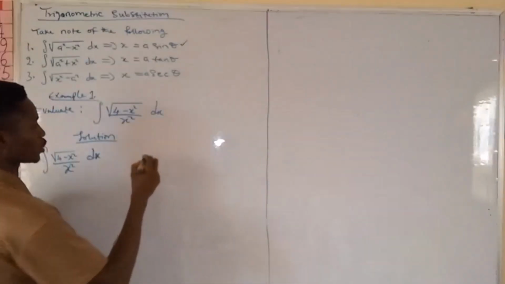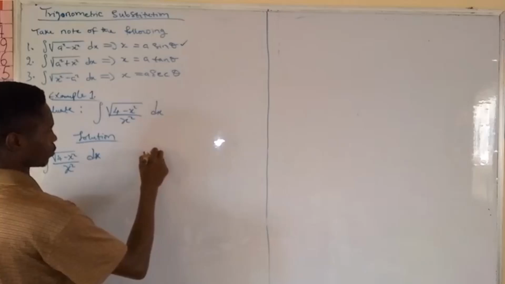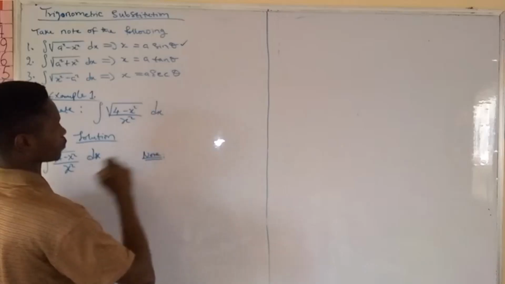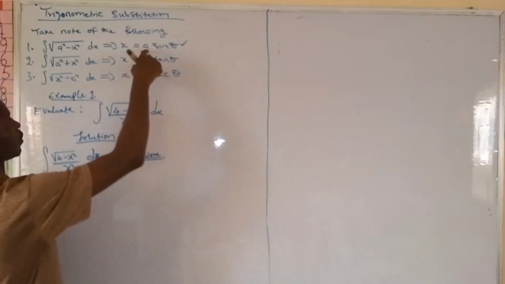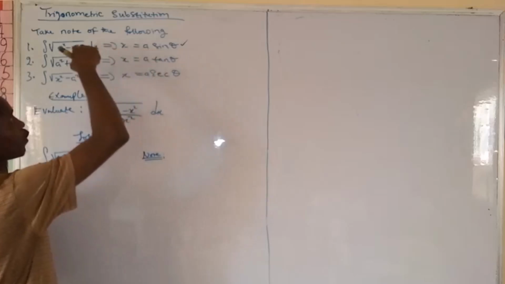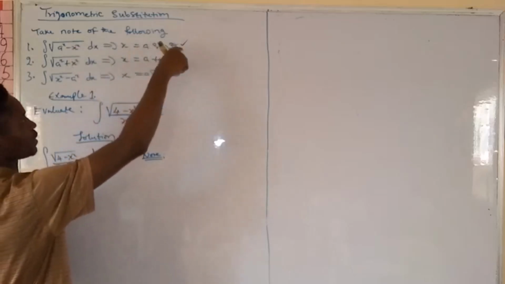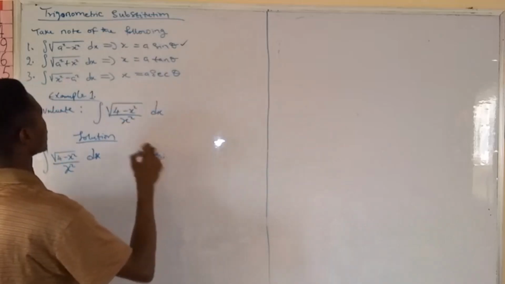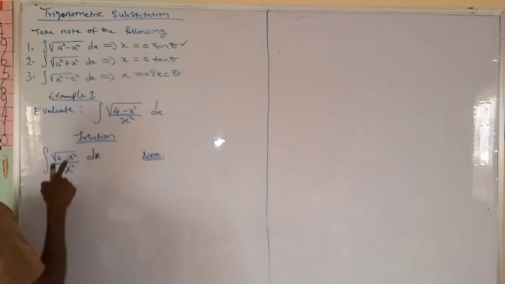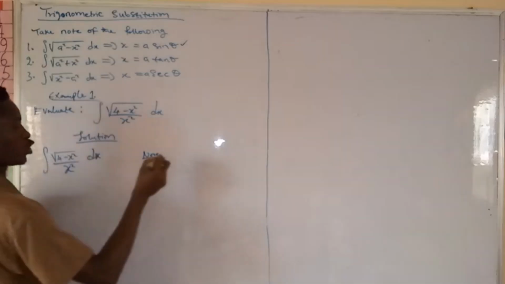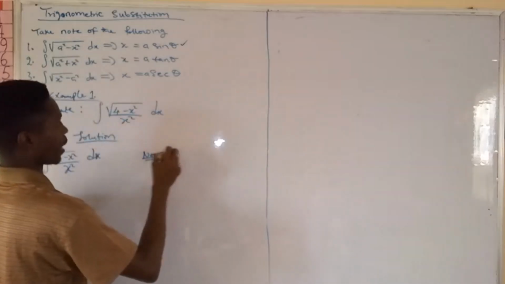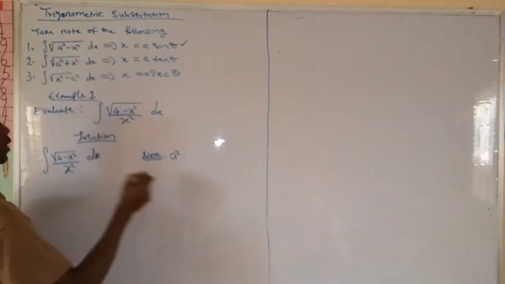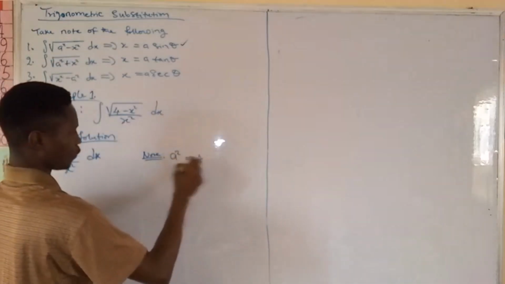Now, watch. I say note. Here, you can see we say that x should be a sin theta, where a is the constant. So it means that a in this case is 4, so we say that a squared is equal to 4.